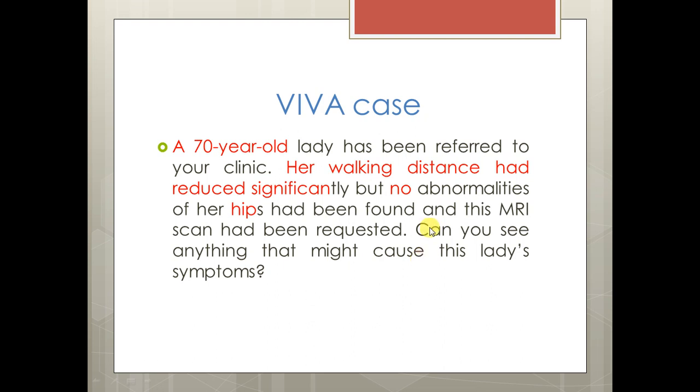This is an example of a viva case. I just want you to know one point. A 70 years old lady, diminished walking distance. How will you manage? You have to take a proper history. You have to do a proper examination. A lot of causes can cause decreased walking distance.